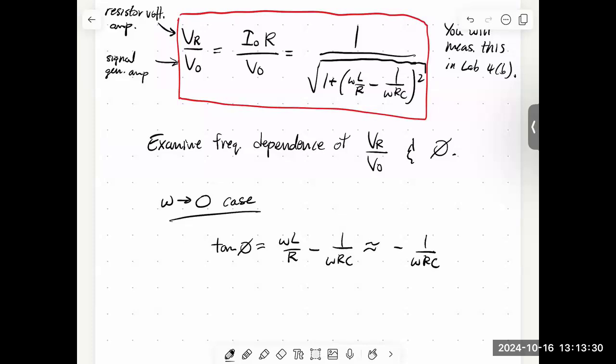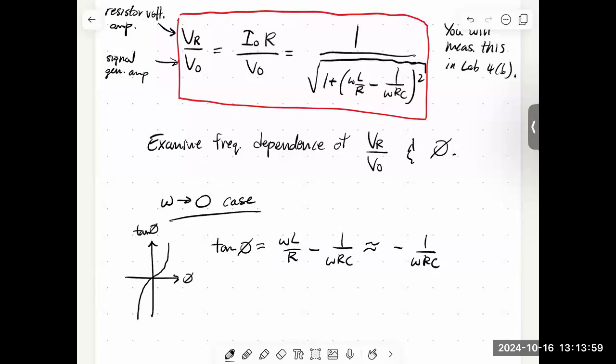What do I have to put into tan phi to get a minus infinity or a minus large number? Where does phi go? If I plot tan of phi versus phi, it looks like this. So when is tan going to minus infinity? It's down here. What's this angle correspond to?